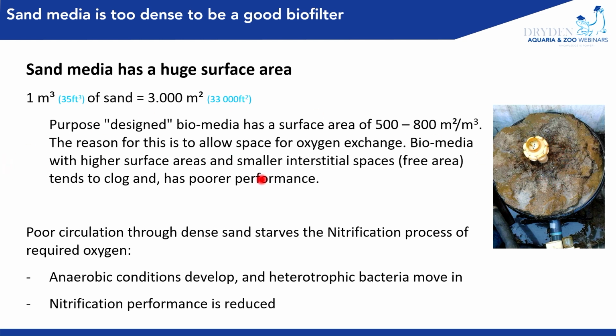So it creates poor circulation through that media, which means not all areas are well irrigated from an oxygen perspective, and therefore the nitrification process cannot happen efficiently at all. And even with light loads, if the backwash doesn't really scrub these grains, doesn't totally fluidize them, then you will eventually see exactly the same image that you see on the right. So we go back to backwash is vital.